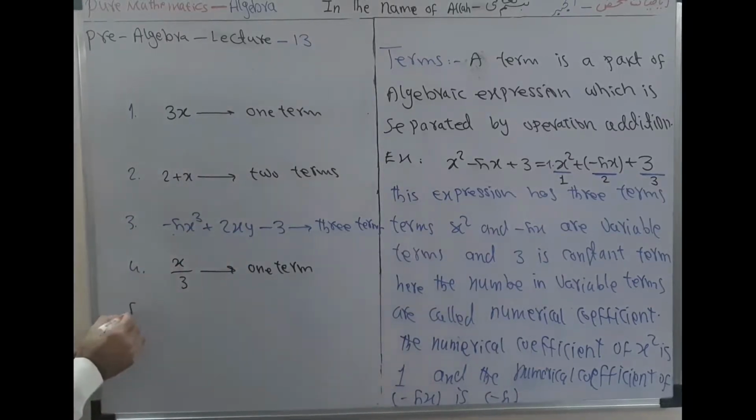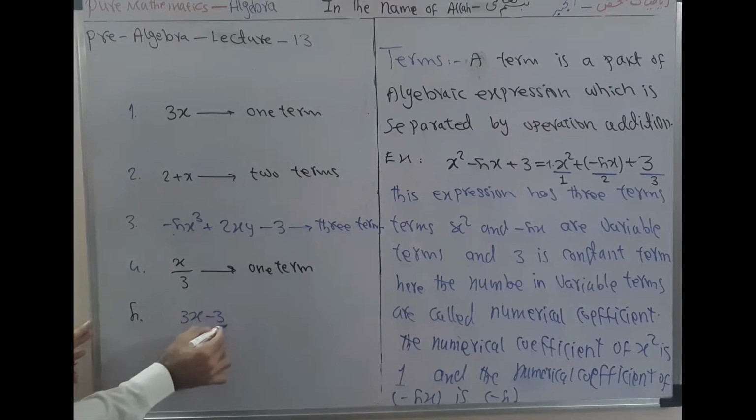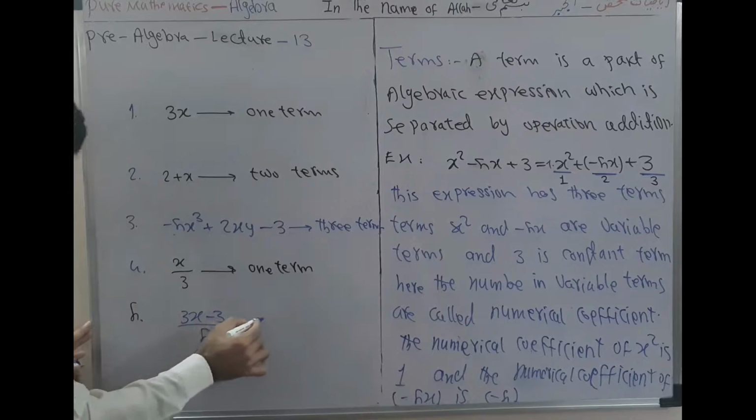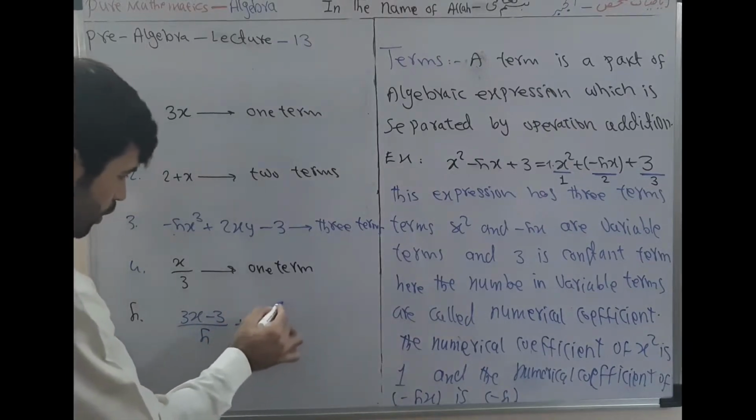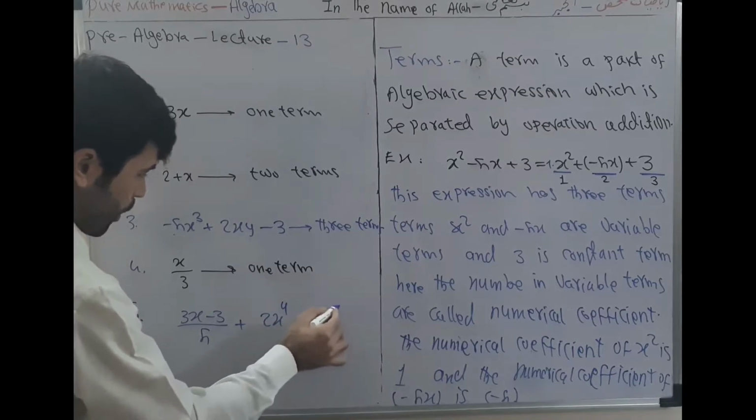Number 5: 3x over 5 minus 3 over 5 plus 2x to the power 4 minus 5x to the power 6.